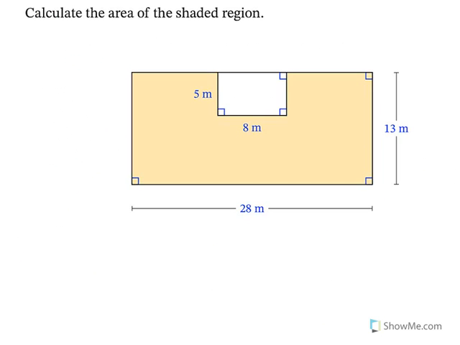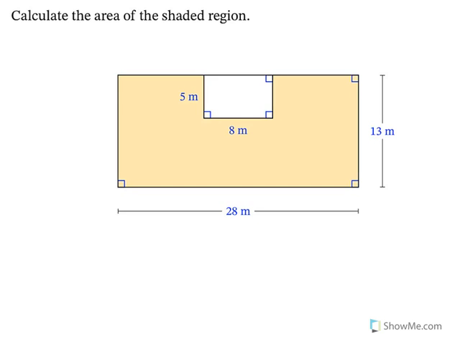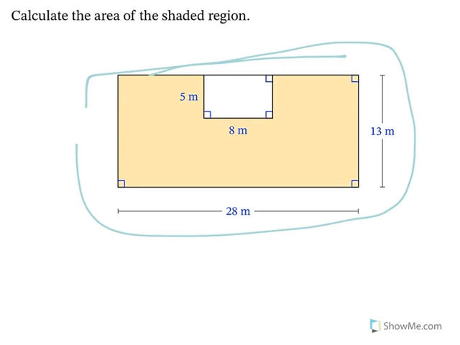So let's look at another: a rectangle that has a piece missing. And our directions tell us to calculate the area of the shaded region. So we're going to find the area of the shaded region. When we have a shape like this, we want to do the area of the whole shape first.